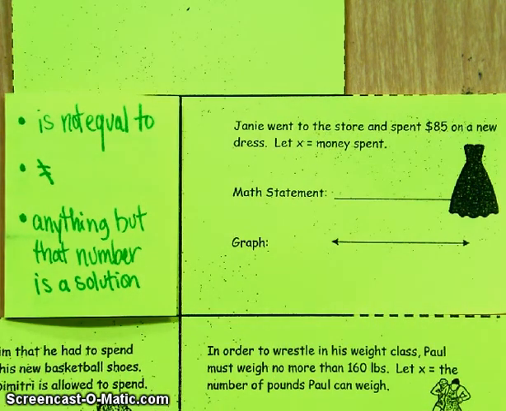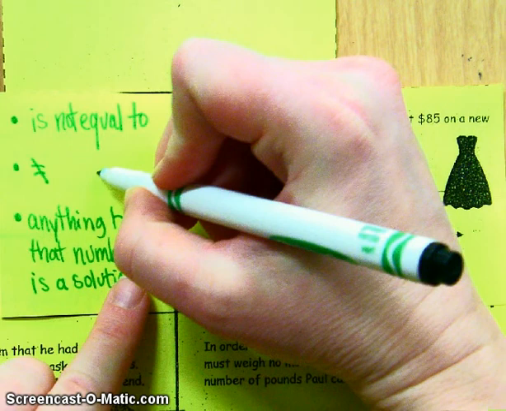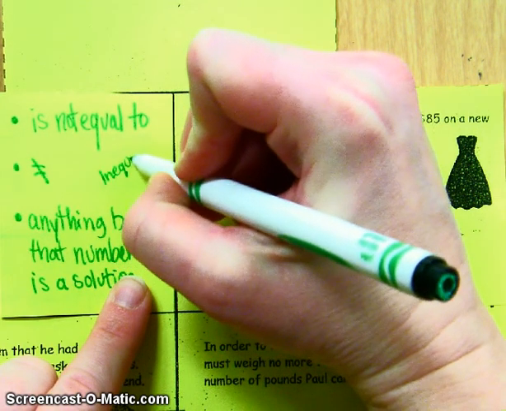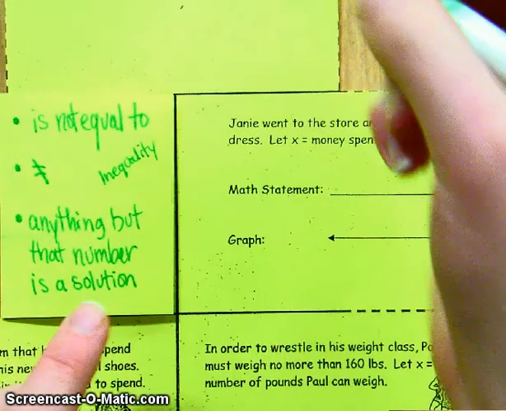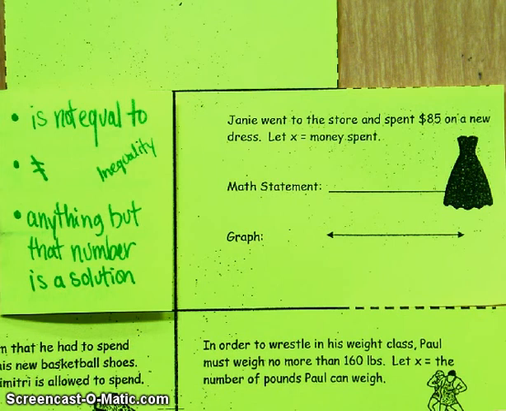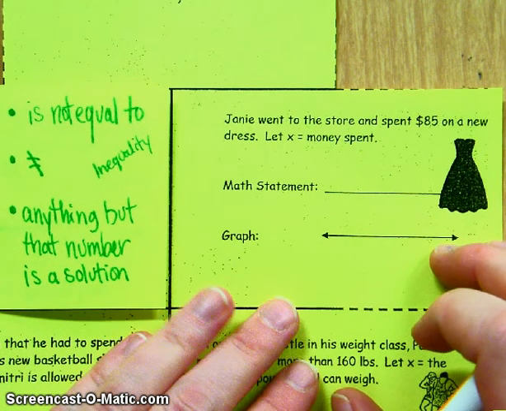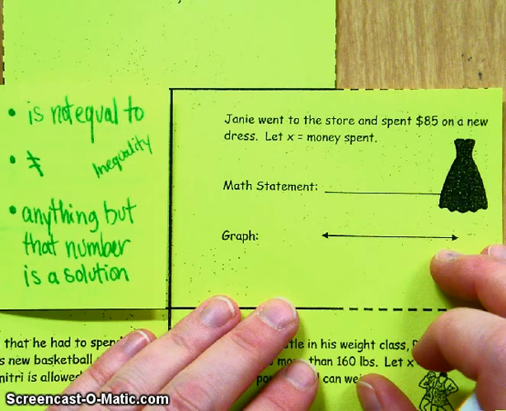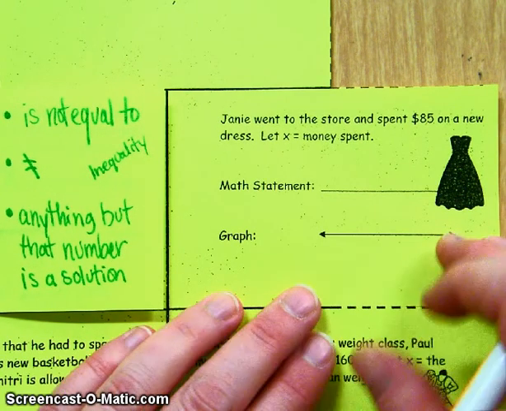Okay. On the other side, this one is an equation. This one's called an inequality. This one is an equation because it is equal. Janie went to the store and spent $85 on a new dress. Let X equal the money spent.